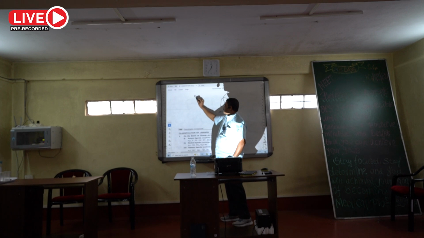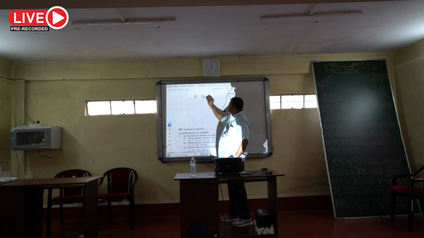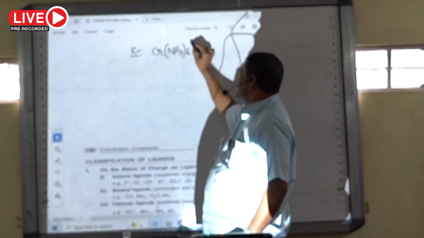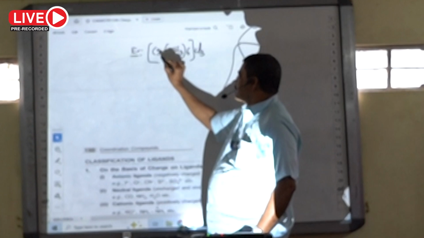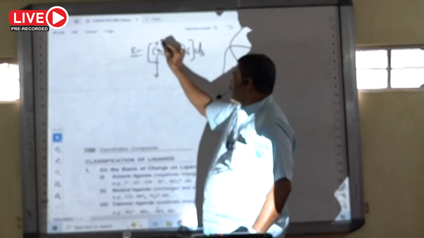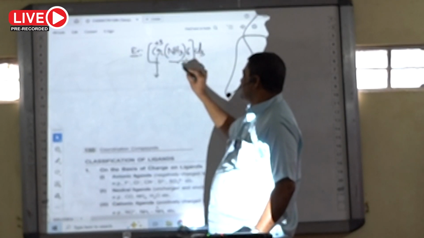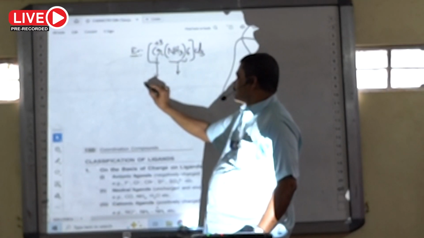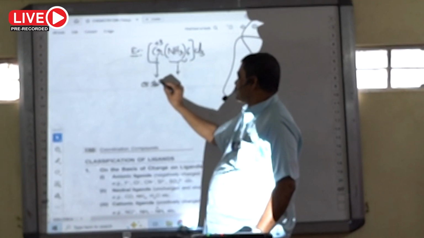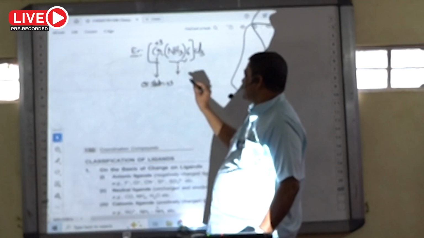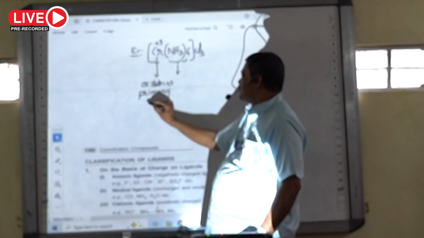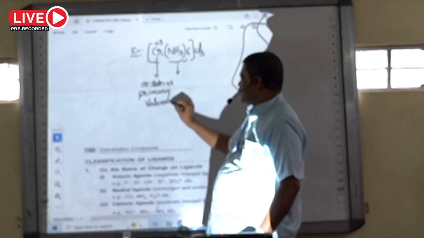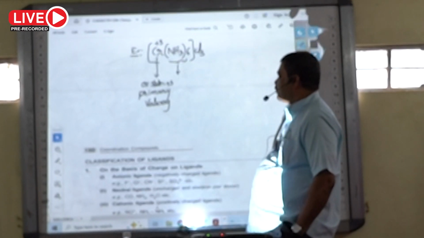Example, Cr(NH3)6Cl3. In this, chromium shows a +3 oxidation state. This is the oxidation state, +3. This is the primary valence, because primary valence always corresponds to the oxidation state.